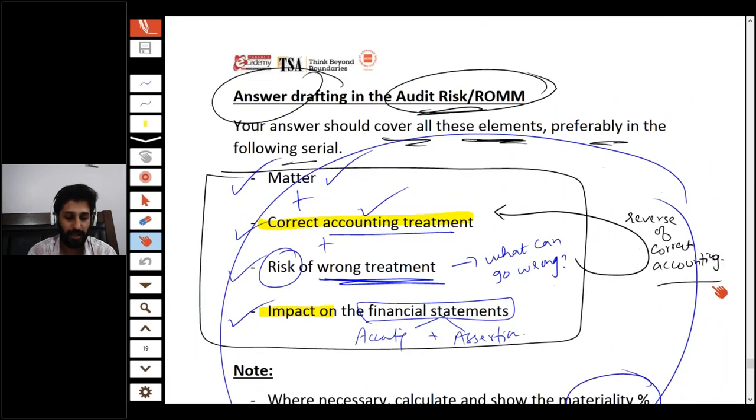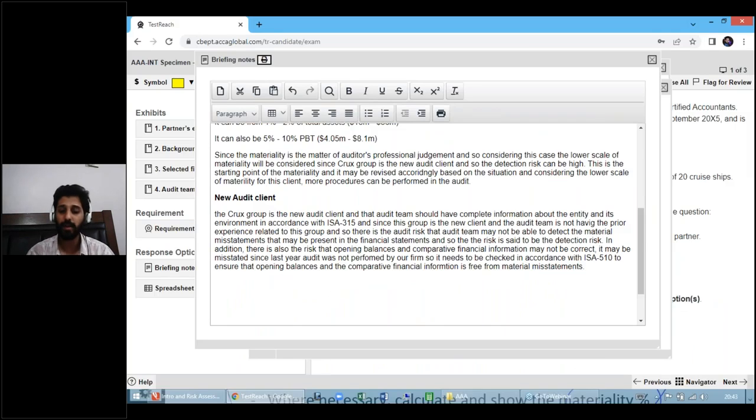So I'm now writing in the same theme that you had recommended, in accordance with ISA 510. No need to write out the complete name of international standards, right?